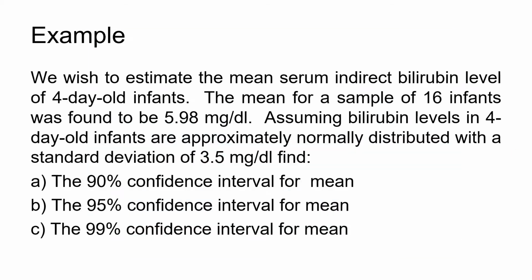For example, we wish to estimate the mean serum indirect bilirubin level of a 4-day-old infant. The mean for a sample of 16 infants. So here, very clear, the n is 16. That's the sample size. The mean was found to be 5.98. So this is x bar.